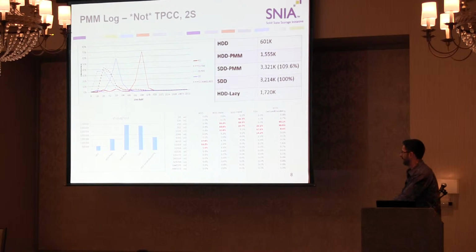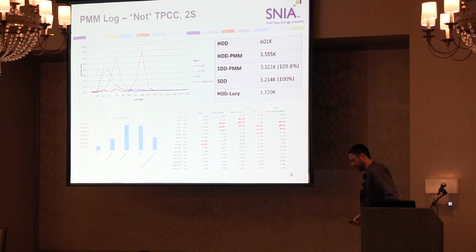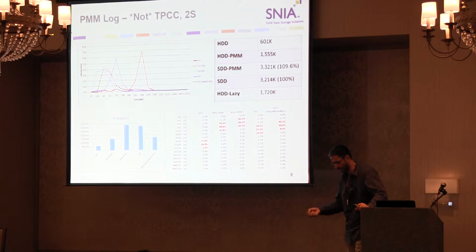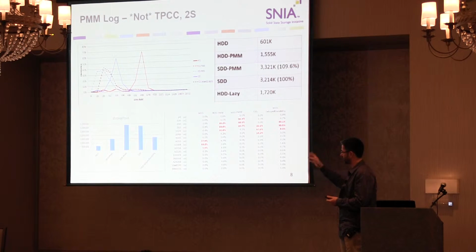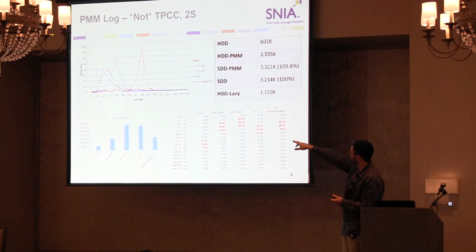This is similar data. This is not TPCC, but it's a workload derived from TPCC. As far as the log behavior is concerned, it has similar characteristics. And I'm not going to be able to go through all of this in the interest of time, but what you see in the graphs is the same latency shift.